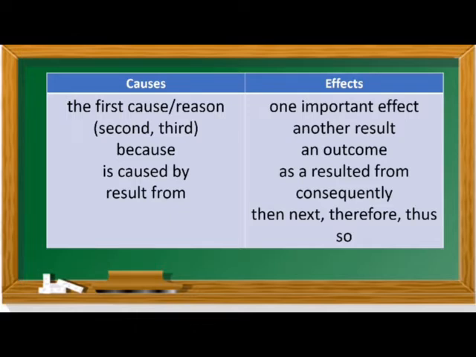To indicate causes and effects, the following transitional or signal words or phrases may be used. So here are the examples of signal words in causes and effects. So you may read them, and if you are going to write a paragraph, you must use them to indicate the causes and effects.